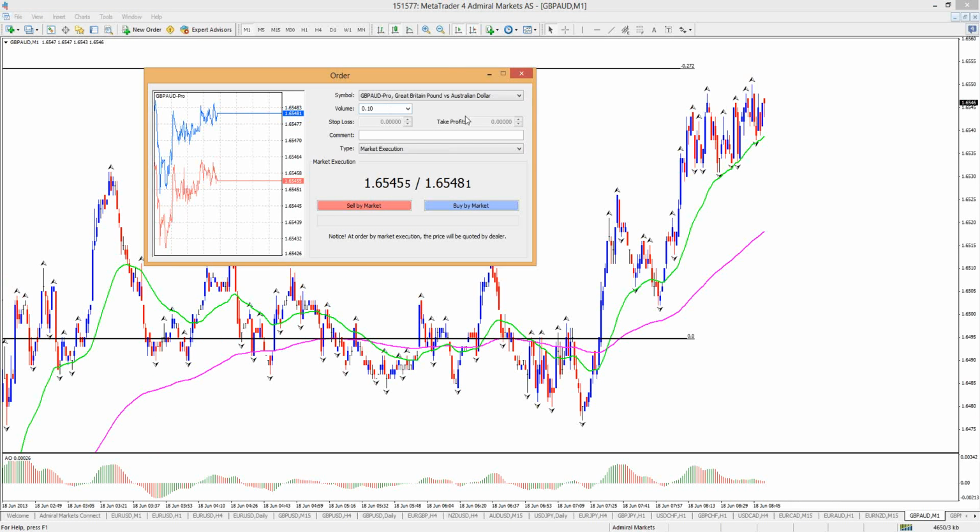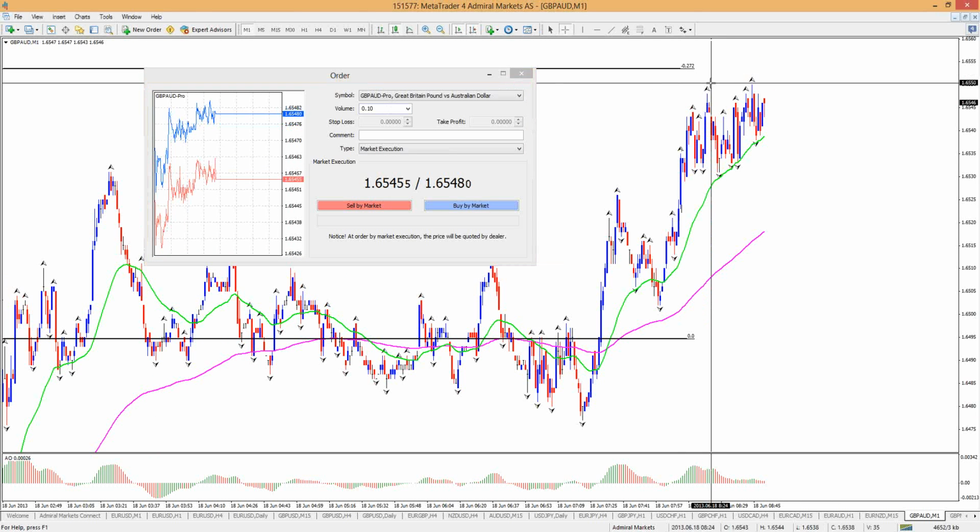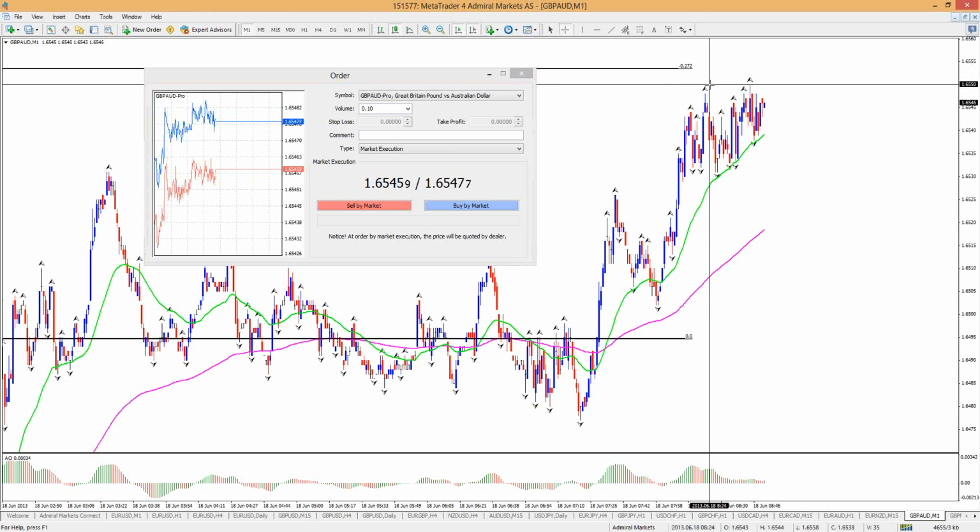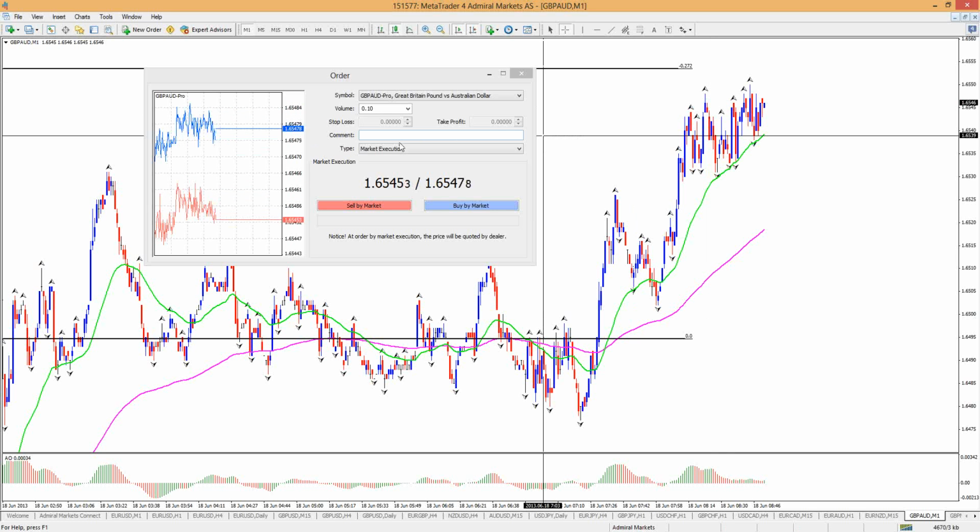Let's see. I will put it at 1 pip above plus the spread, which is 56 plus, looks like a 2, let's say on average 2, but sometimes 2.2, so I just make it safe, 2.5. And plus 1 pip is 3.5, is 165.85.